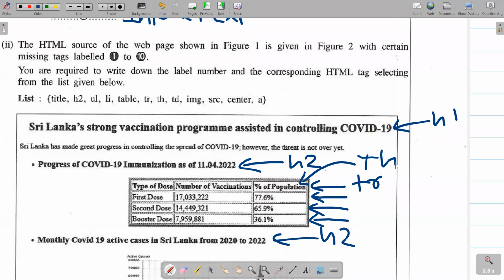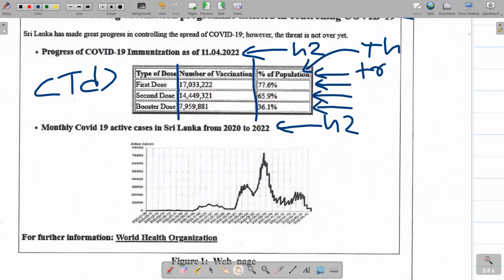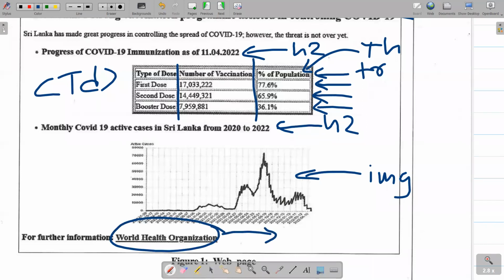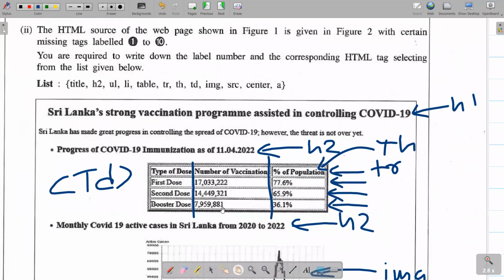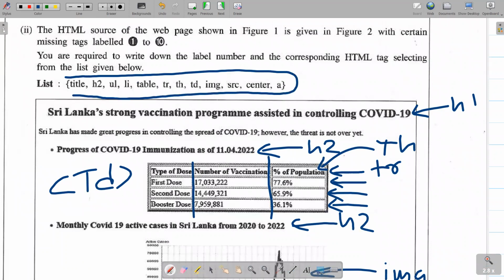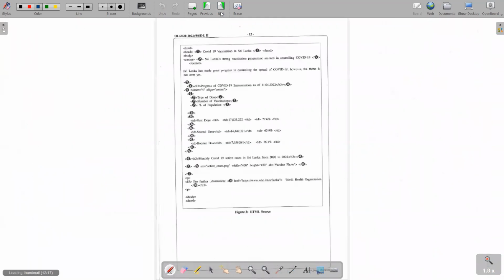And there are 3 columns, that means 3 TDs should also be used. And at the bottom, this is definitely going to be an image, which is center aligned. And this part is going to be an anchor tag, which is for the hyperlink. So a list of things, the tag names, are given here. So you have to fill the blanks in the next page. So let's see.